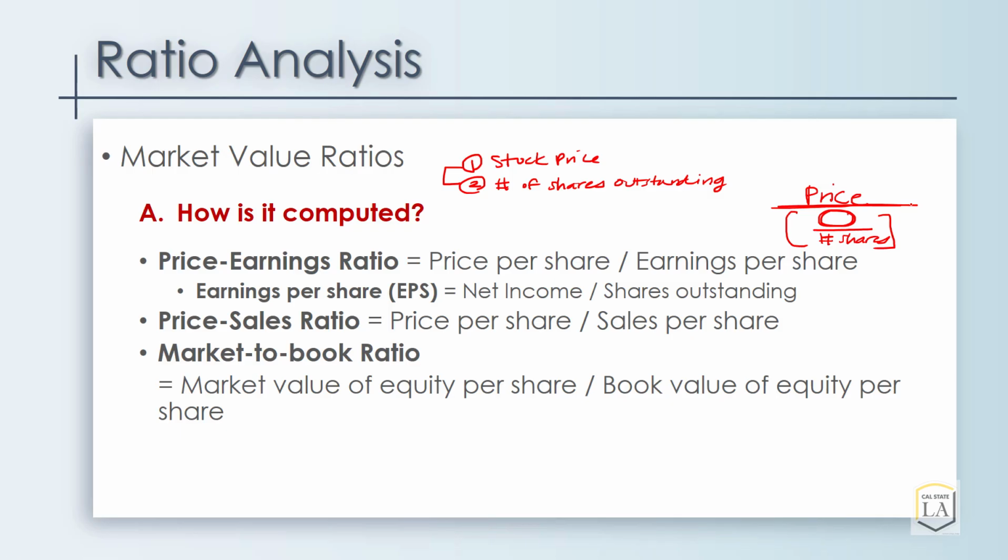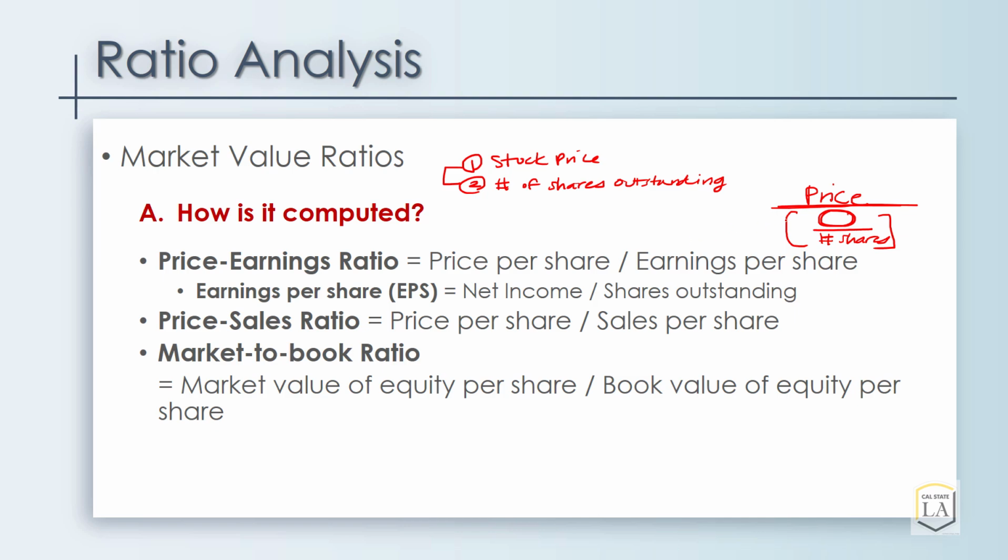And why does it look like this? It will be discussed in the content slide. Anyhow, this is the format that you will find in all of the market value ratios that you see here, such as price to earnings ratio, price to sales ratio, and also market to book ratio. For price to earnings ratio, the format itself is the same, and in place of this numerator of the denominator, you will be using earnings or net income.